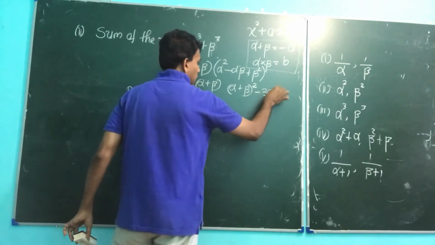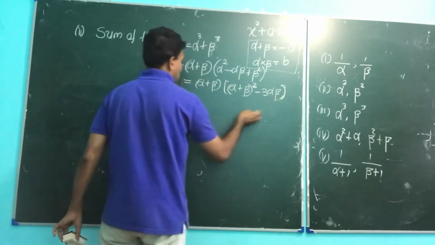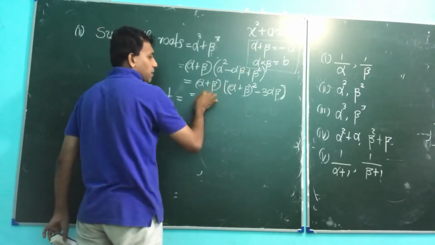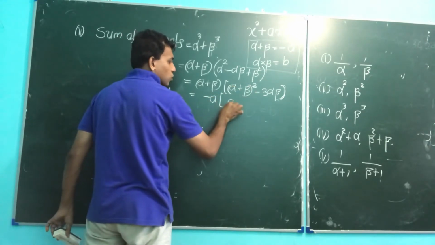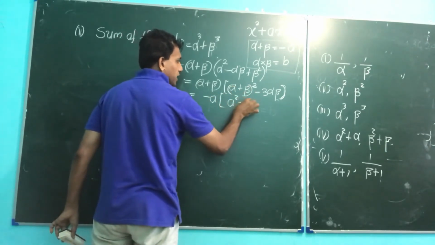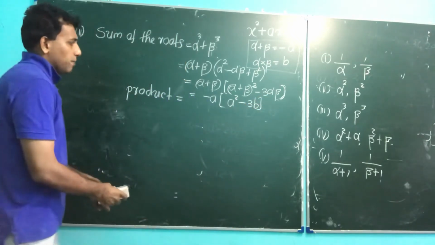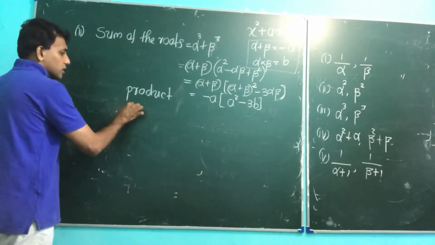Now you know the answer for this summation: alpha plus beta is minus a, but it is a square minus 3b, right? You know the summation of the roots. Next you find the product of the roots.